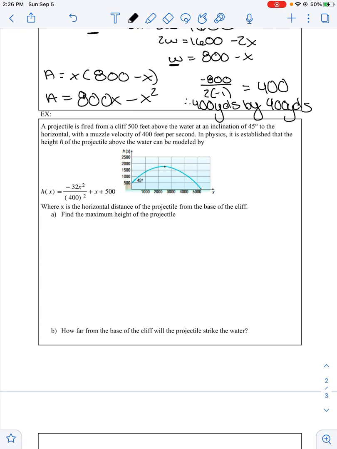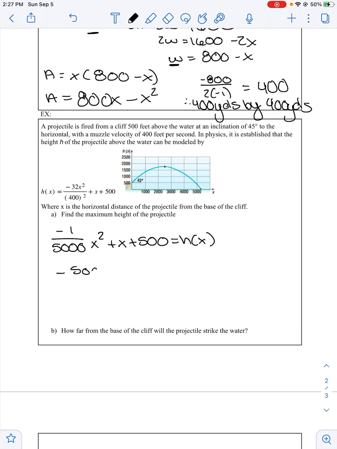But first, I'm going to simplify the equation that we have. We can simplify that a bit to be negative 1 over 5,000 x squared plus x plus 500 equals h of x. Now we are going to find the vertex.